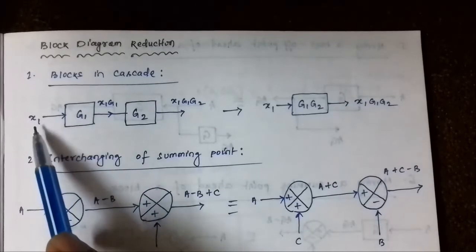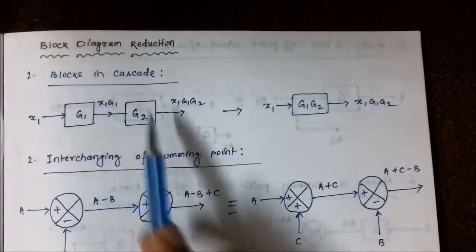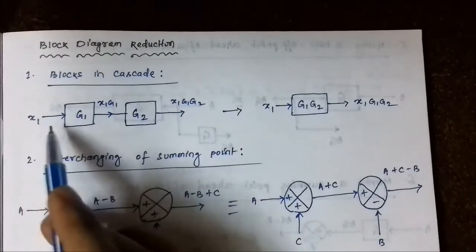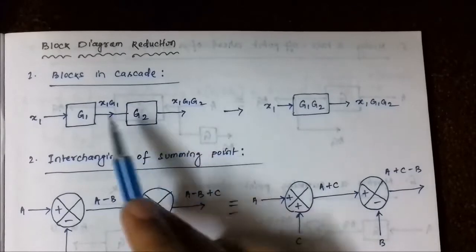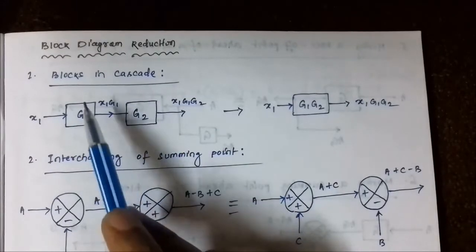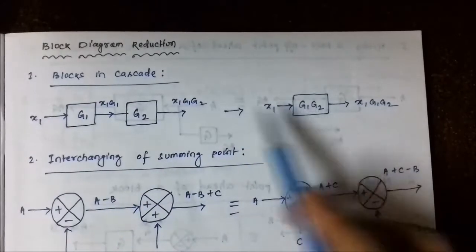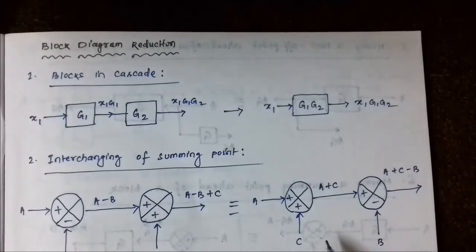X1 is the input to the control system. Let us assume that this is the net input, and here it is the output. So in order to simplify it, in order to convert it into a single block, you just multiply these two blocks together, G1 into G2.